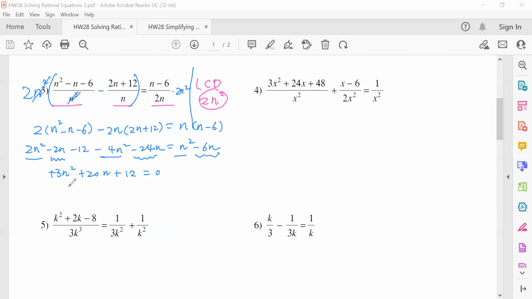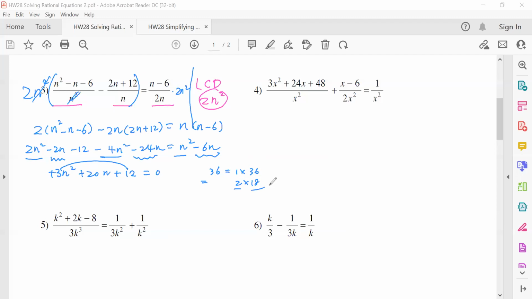Did you guys factor this out? 3n with here, because here a times c is 36, right? 36 times what? Because the sum of the two factors is 20. So we can try 1 times 36, 2 times 18, right?